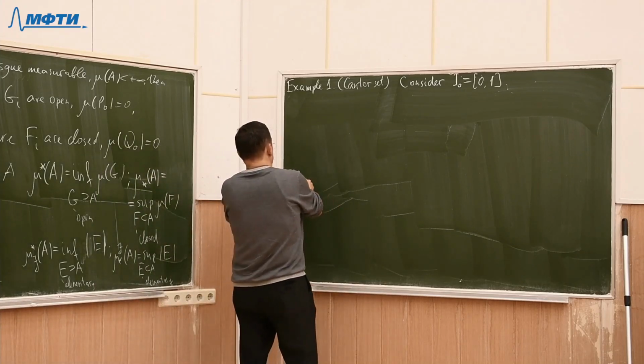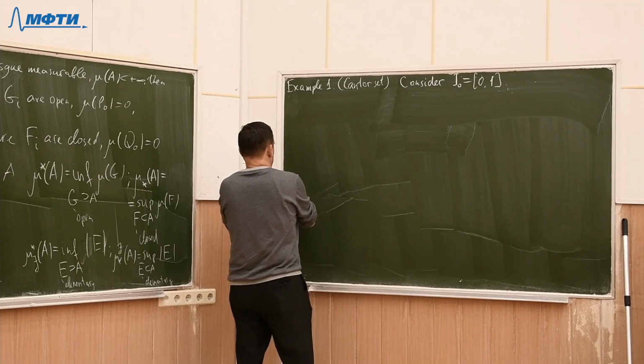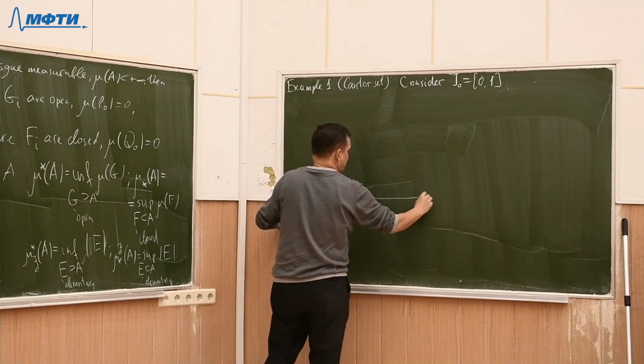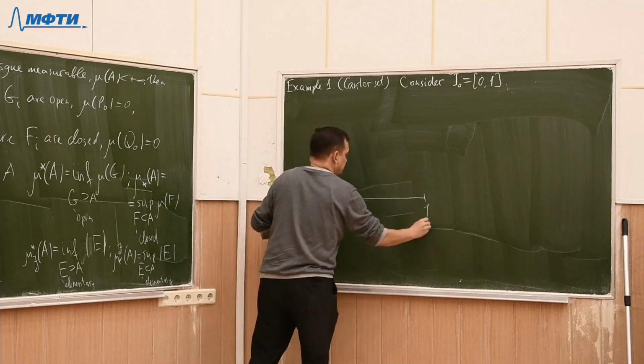Let me draw a picture to show what is going on. So we have the interval [0, 1].